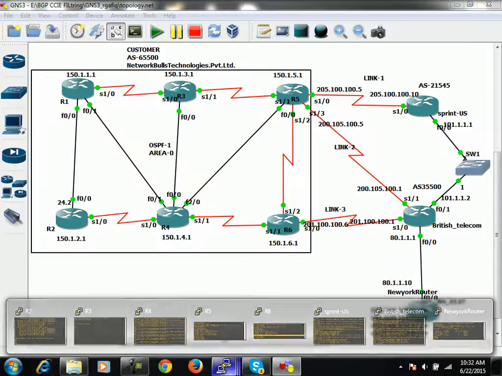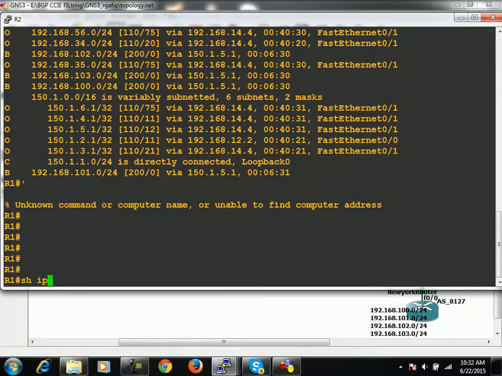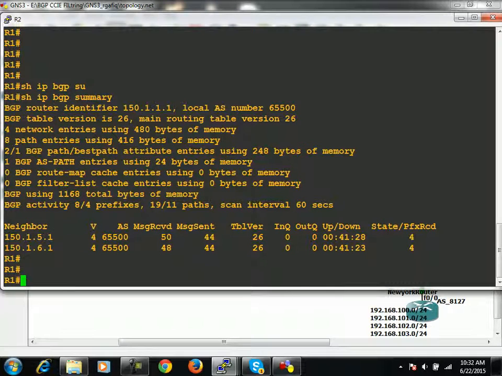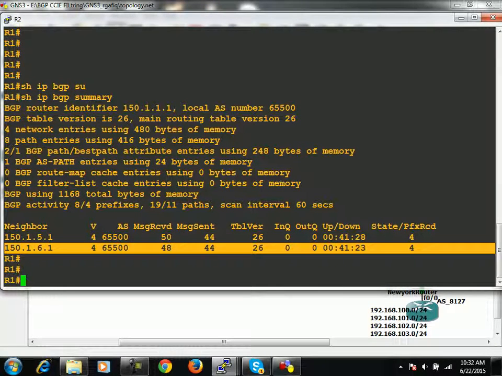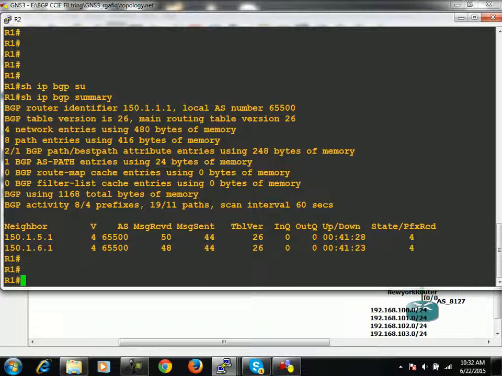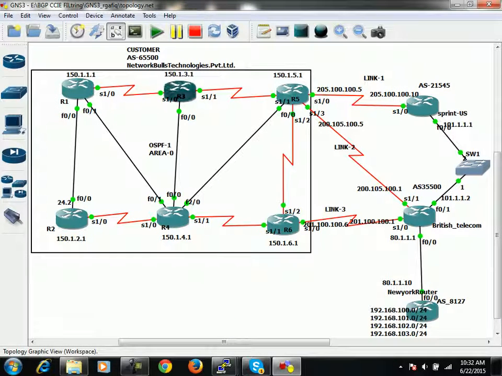As you can see, you can move on R1 and check it out. Show ip bgp. So it is having neighborship with R5 as well as R6. It means there will be a black hole here, because routes of course can go from R5, R6 to R1, but those routes will not be available on R3 and R4.